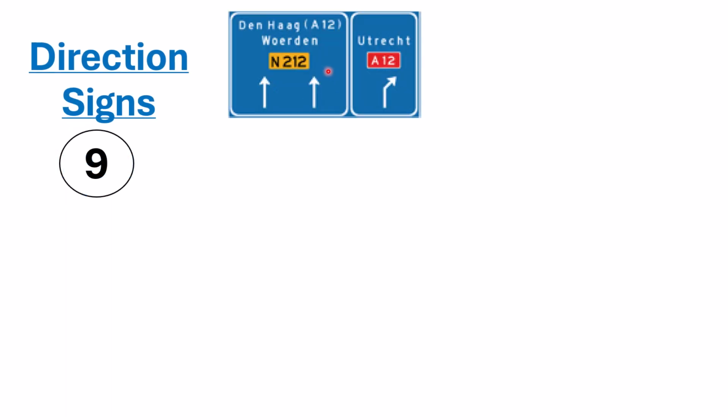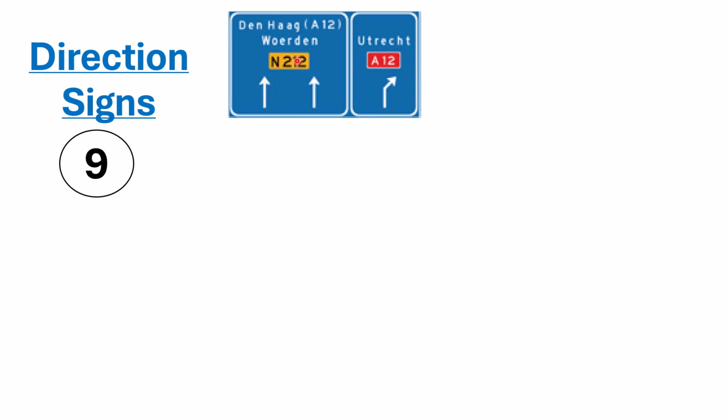Similarly, this signboard is showing that there are two lanes, and you are going to Den Haag and Woerden, and for Den Haag the motorway number is A12. If you want to go to A12, you will follow this lane, and N212 will also be coming ahead.